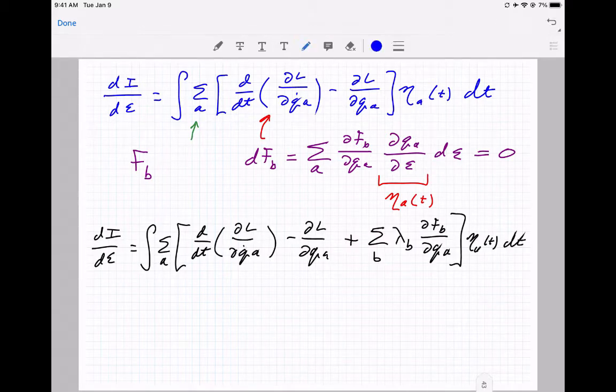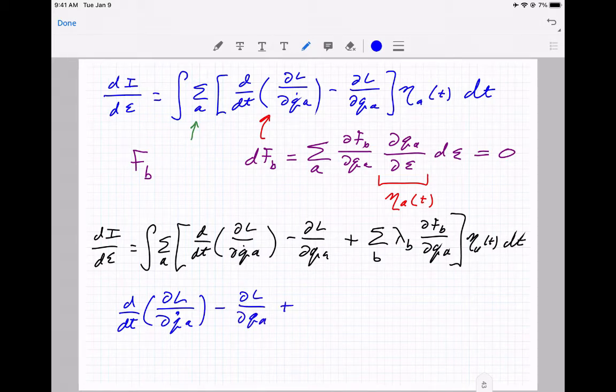And now we have an extended Lagrange's equations that includes equations of constraint through the undetermined multiplier. And so we'll just write down the new Lagrange's equation. And so we've got d by dt, dl, dq dot a, minus dl, dq sub a, plus sum over b, lambda sub b, df b dqa. And then this is equal to 0.